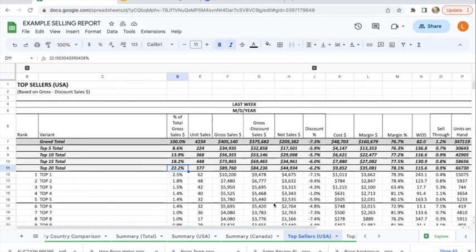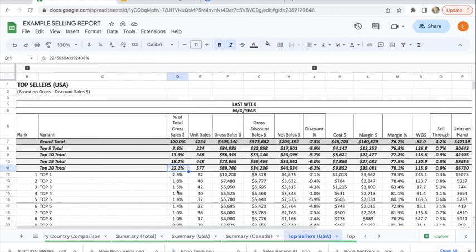And then another important piece of this recap is your top sellers. So this is a really great way to zero in on maybe your top 5 styles or items, depending on your business, your top 10, top 15, and top 20, really understanding what percentage to the total business are those representing, and then how does that break out by style.